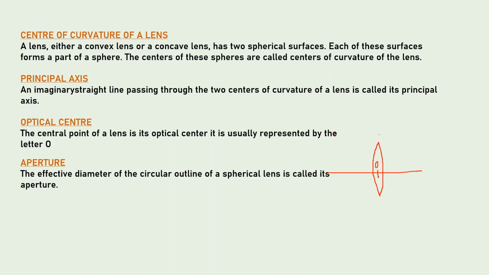The effective diameter of the circular outline of a spherical lens is called its aperture. So in this case, the diameter of the lens is called aperture. Actually, the lens is like this. So this is the outline of the lens, and the diameter of this lens is called aperture.